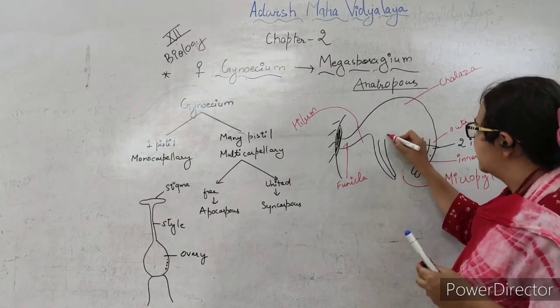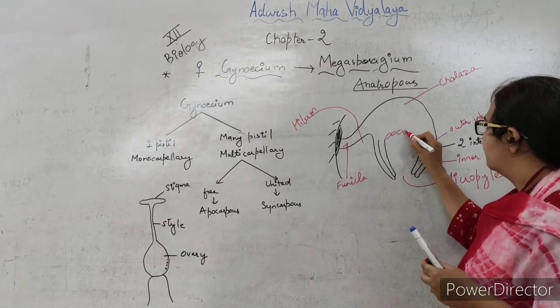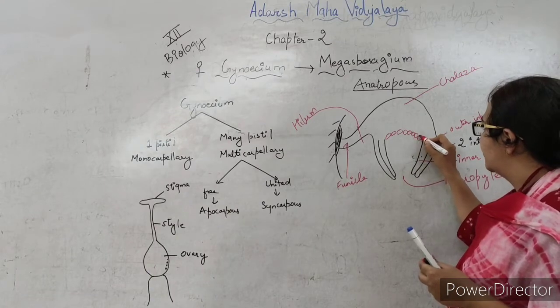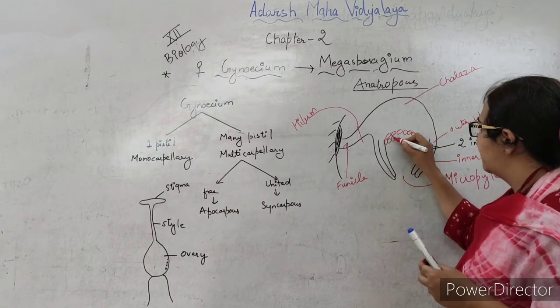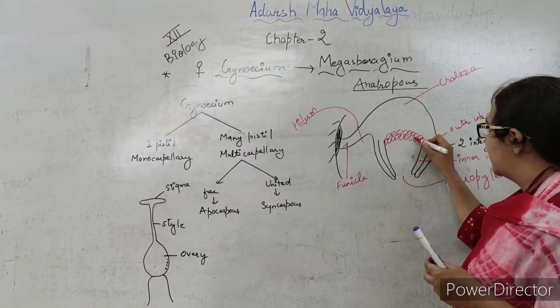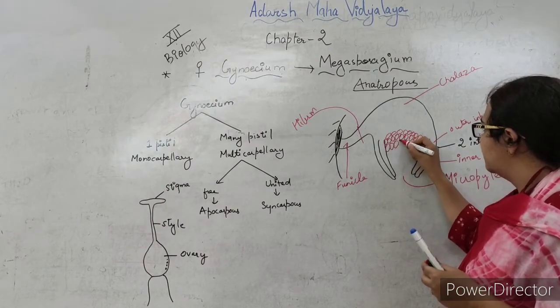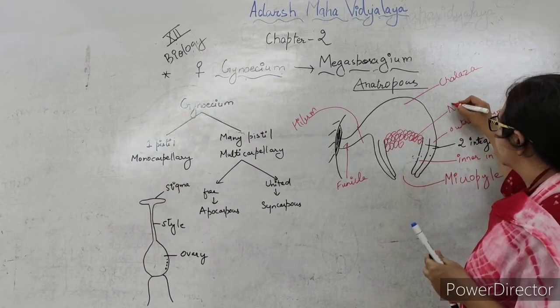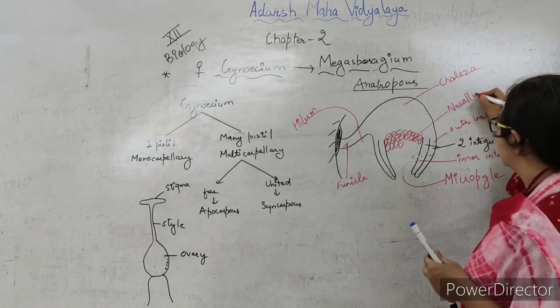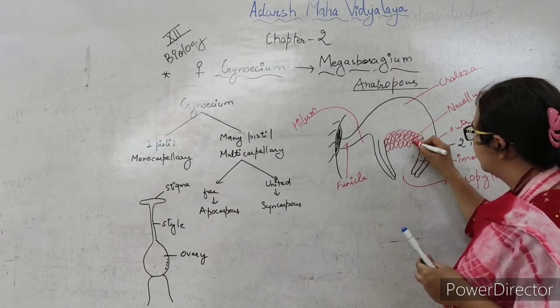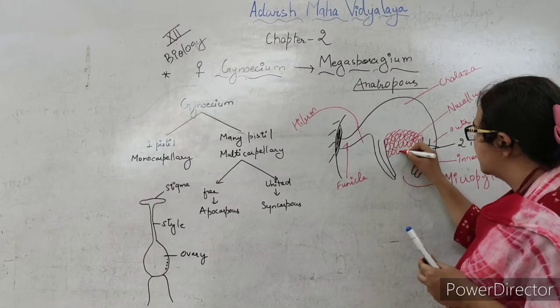Inside the integuments there are various cells present which are nutritive in nature, that is they are having reserve food material, and these cells are nothing but the nucellus cells. These all cells will be the nucellar cells.